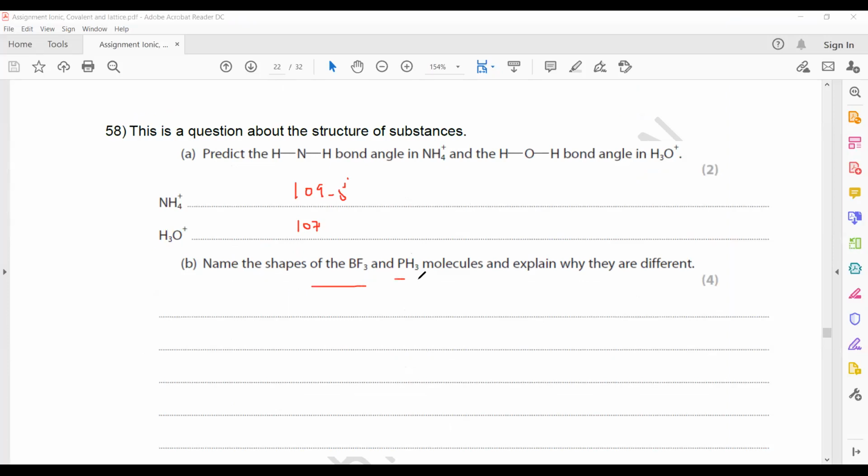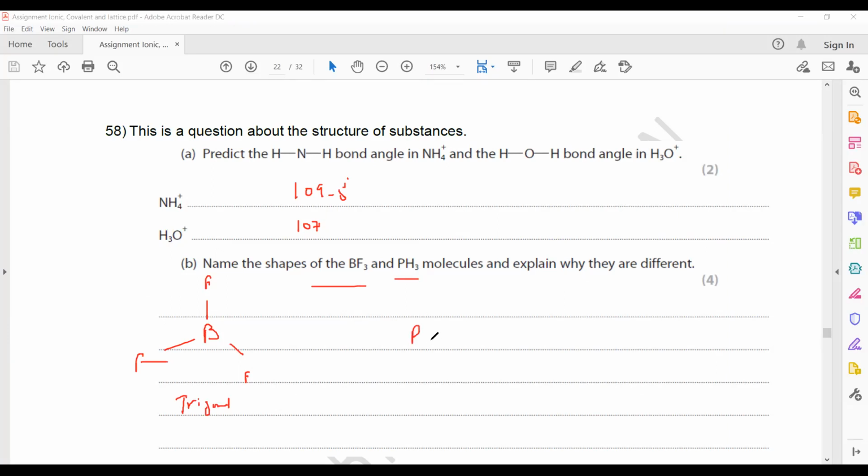Now name the shape. What is the shape of BF3 and PH3, and explain why they are different. For BF3, boron trifluoride, it is having 3 bond pairs and no lone pair, so it will be trigonal planar.